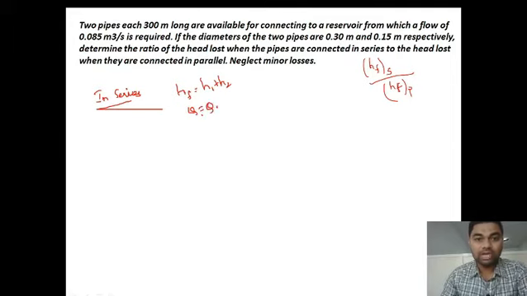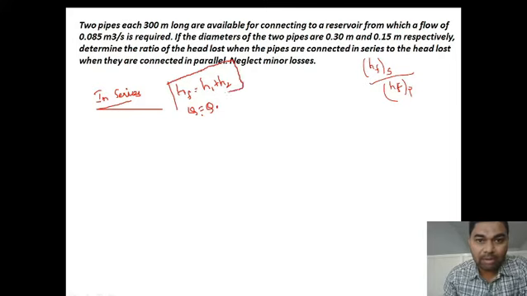Discharge through each pipe is equal, whereas in parallel it is the reverse of this. So when the pipes are connected in series, head loss gets summed up.